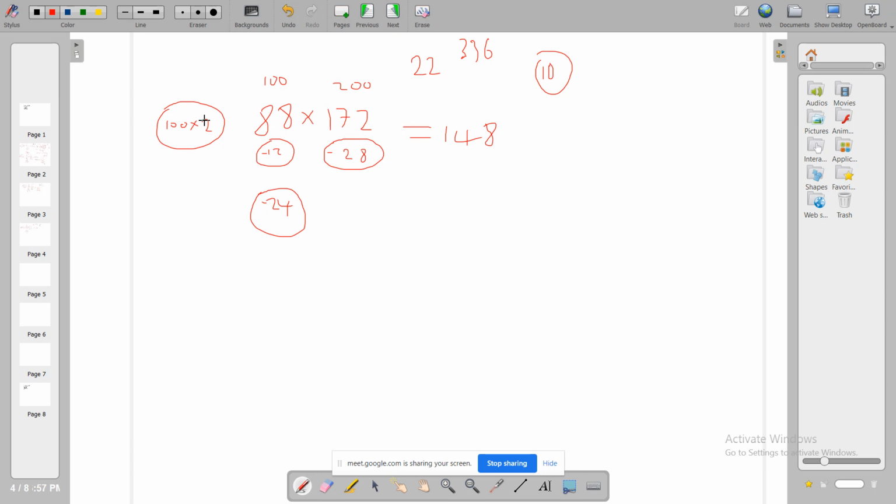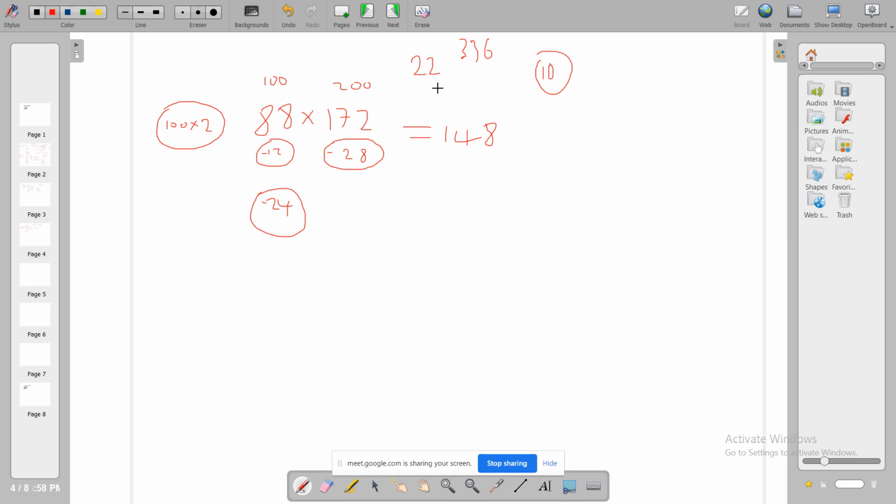Even if you take 10 times this, what is it? 10 times this will give us what? Even if you don't want to use this method, if you want to use the breakdown rule, 10 times what number? 10 times 28. You can break it, because it's easy to work with this.